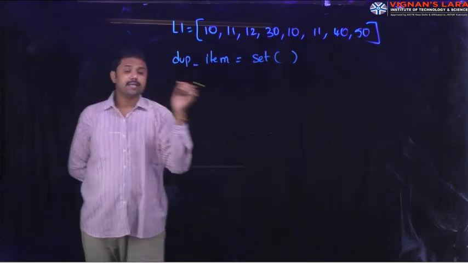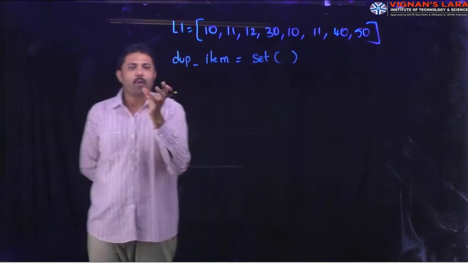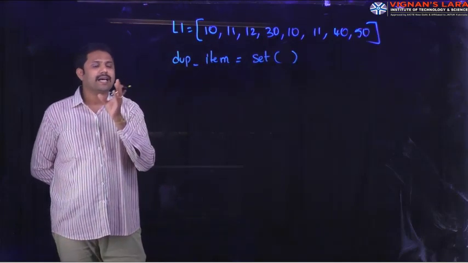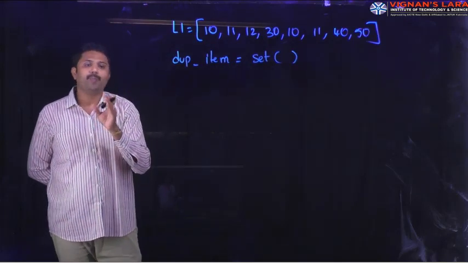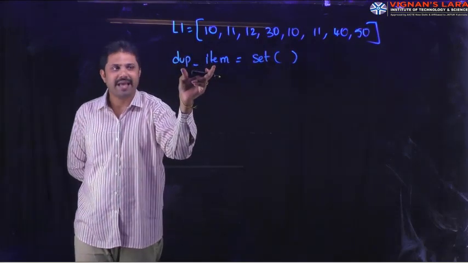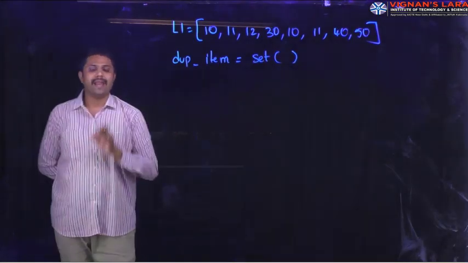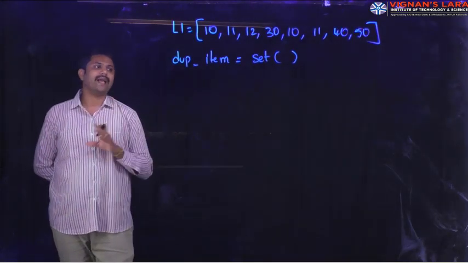What is set? Here I created a set. What is the property of a set? A set doesn't allow duplicate items. We all know. So I create an empty set. The name of that set is duplicate items.